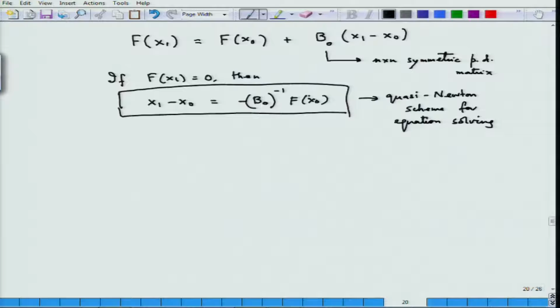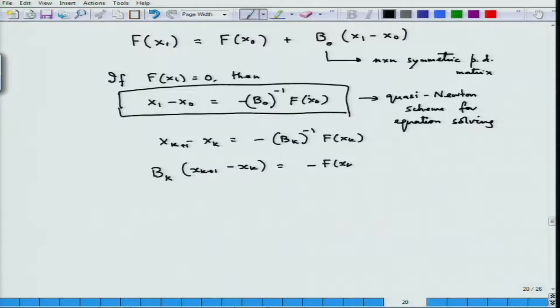Now, if you look at that, I can write a more general thing as xk plus 1 minus xk is minus bk inverse f of xk. But I am making too much of an assumption that I will take a PD matrix. Suppose I do not take a PD matrix, then I can write this thing in general as this, which is one way of writing the thing.